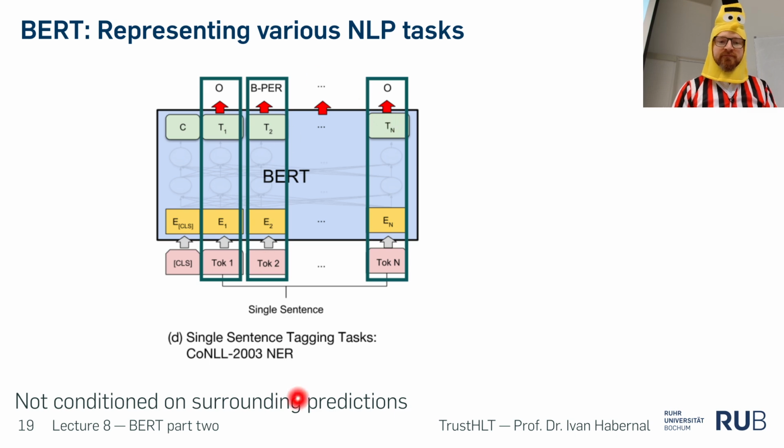So we can do NER, like named entity recognition. We can do any other sequence labeling tasks. We can do, I don't know, part of speech tagging, noun, verb, and things like that. So we can basically run on each of those. We would add a classification layer, and then we can do it.